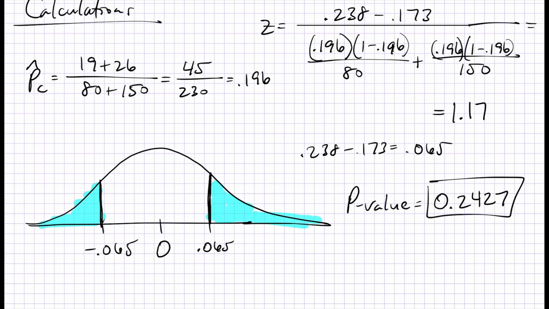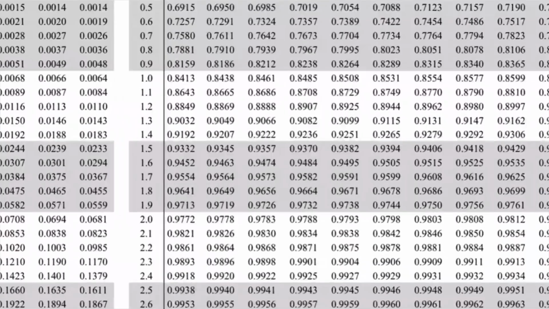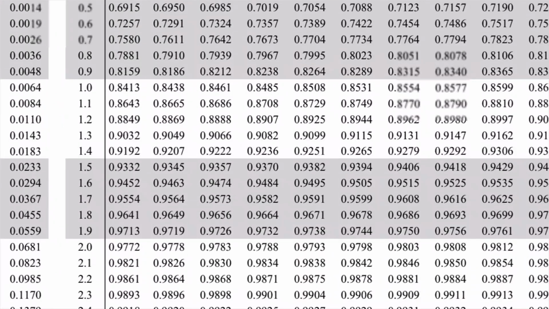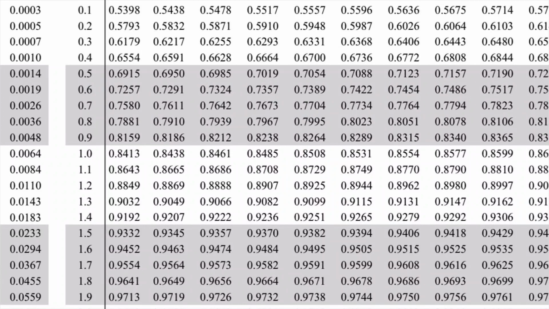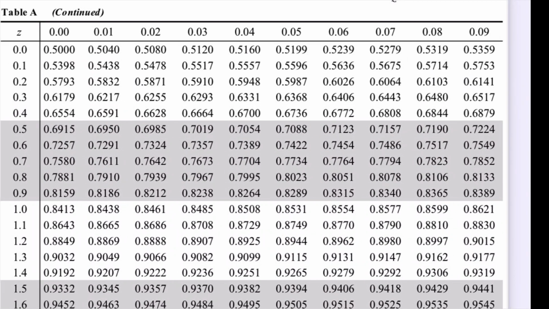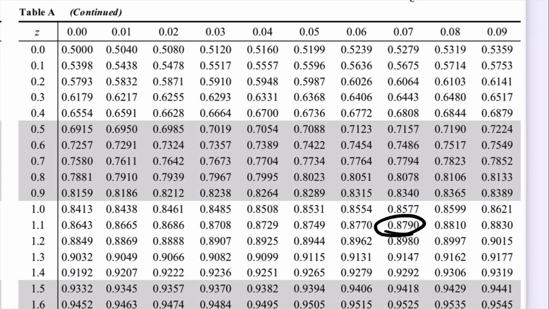Where do I look? I've got to find my z-score first, right? My z-score is 1.17. So I'm going to go to 1.17. Right there? 0.8790?